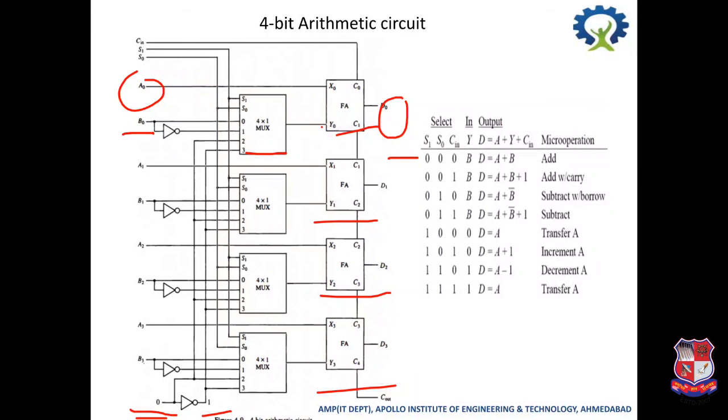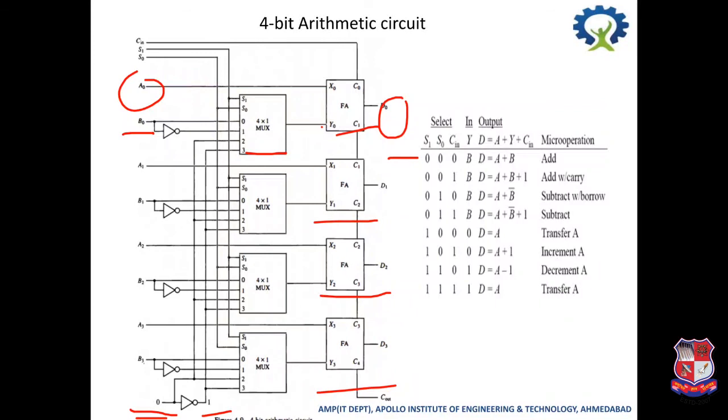After that, whenever S1 is 1 and S0 is 0, meaning the second input line is selected, on the second input line our input is 0 and carry input Cin is 0.